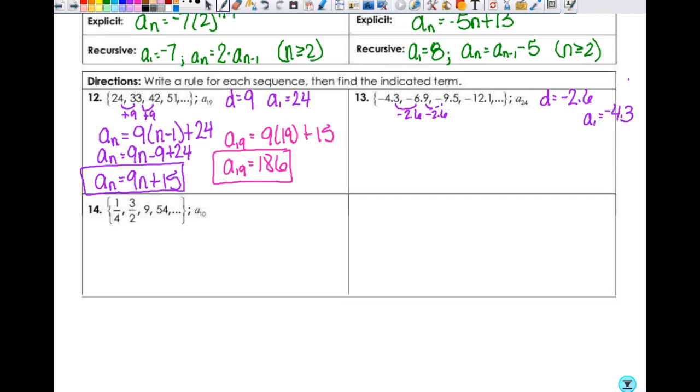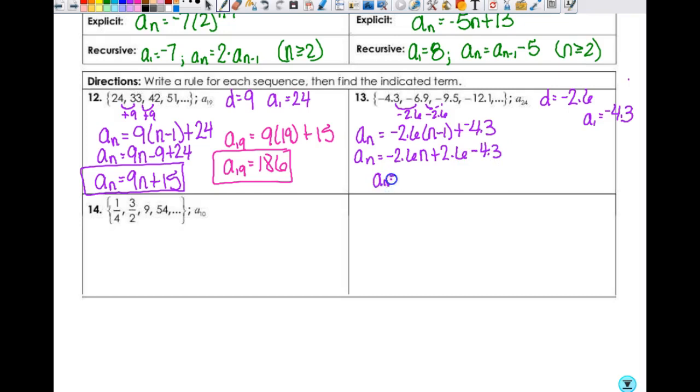We use this same formula, so A sub n is equal to negative 2.6 times n minus 1 plus a negative 4.3, or it could have been minus 4.3. So A sub n is equal to negative 2.6n plus 2.6 minus 4.3.